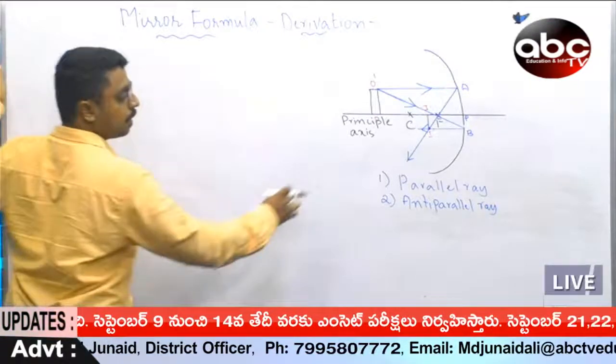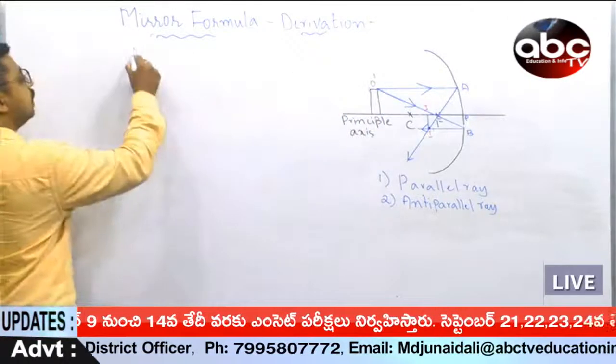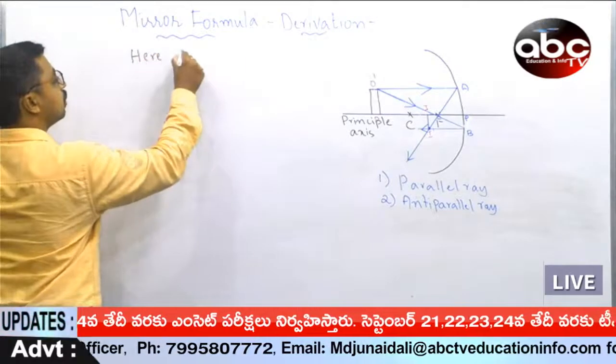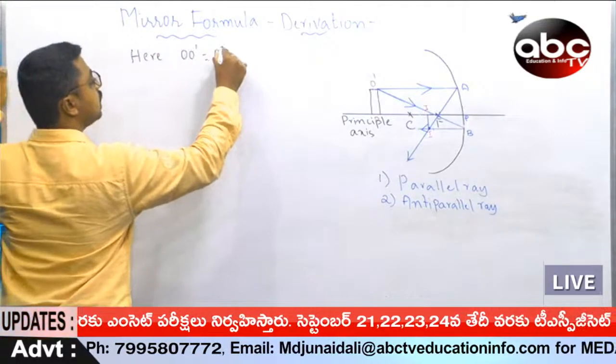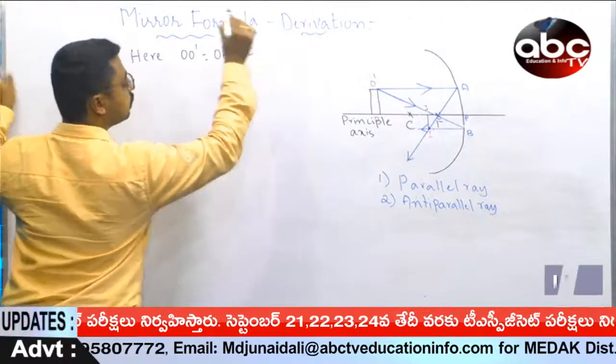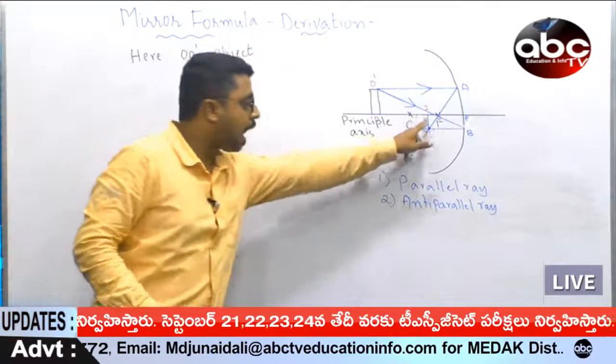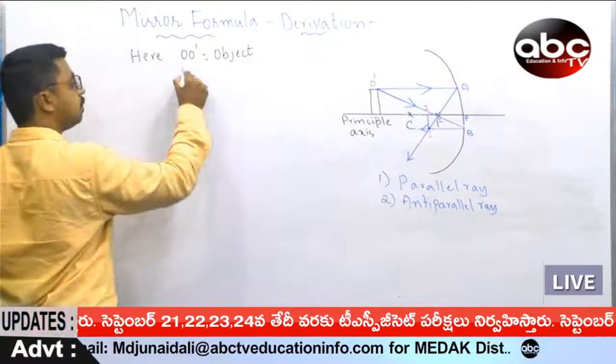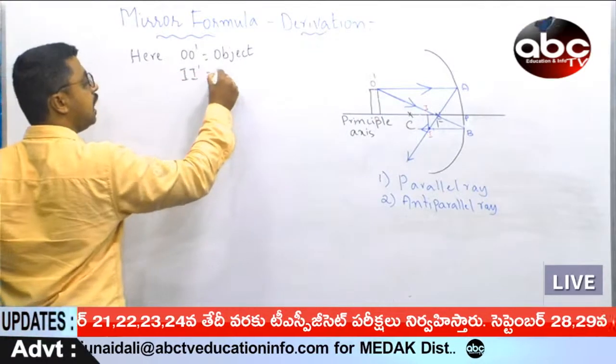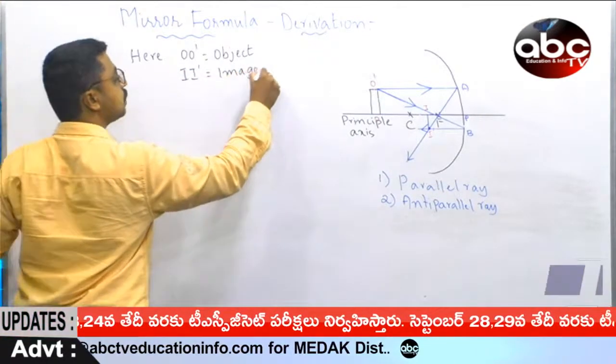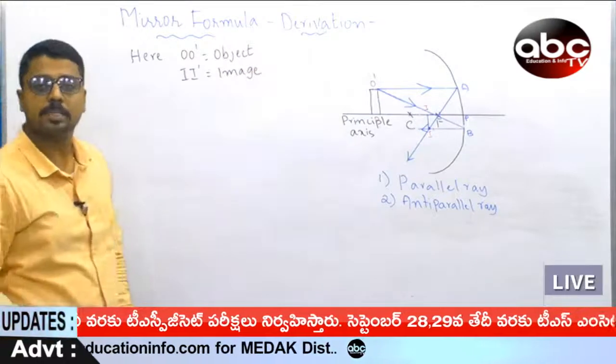You see, OO dash is nothing but an object, whereas I dash is referred to as an image. We are going to refer to it as an image.